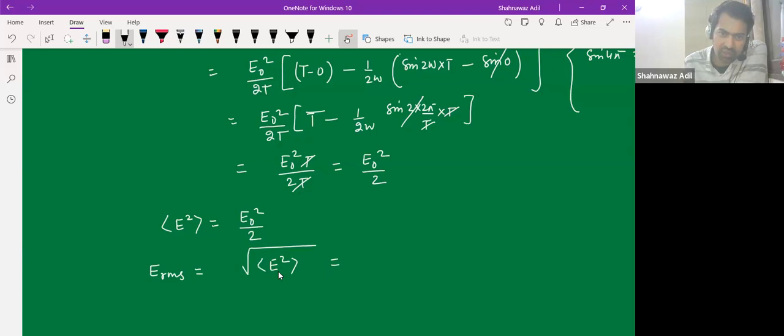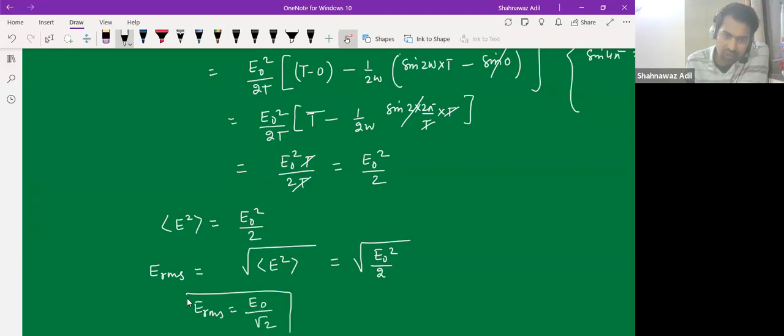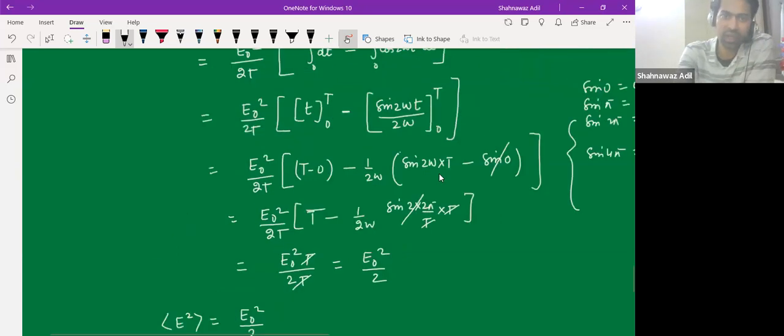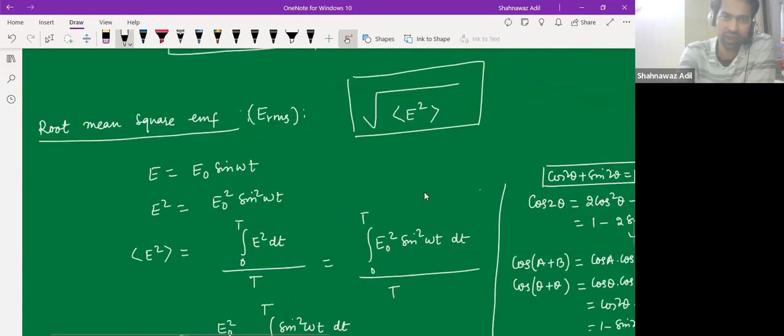So we have to take the root of this function, right? So root of E naught square by 2. So that would be E naught divided by root 2, this is the RMS value. Is that clear? Yes, sir. So please note down from here. And if you have any doubt, please ask.